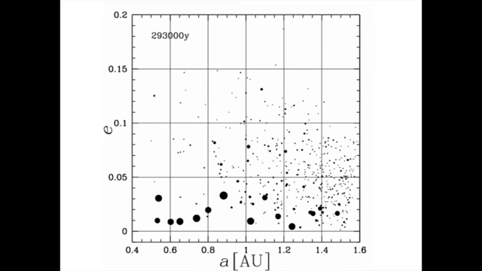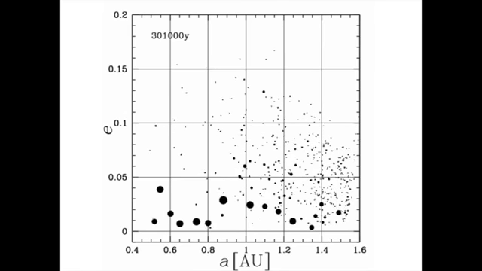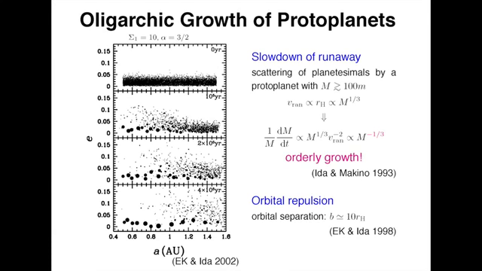From numerical experiments, we now know the typical orbital separation at this stage is about 10 Hill radius. So that's why, at this stage, we cannot form 4 terrestrial planets, but maybe 15 Mars-sized embryos.